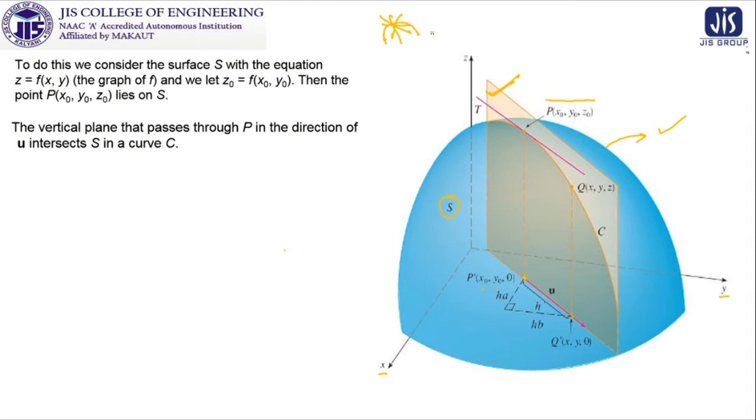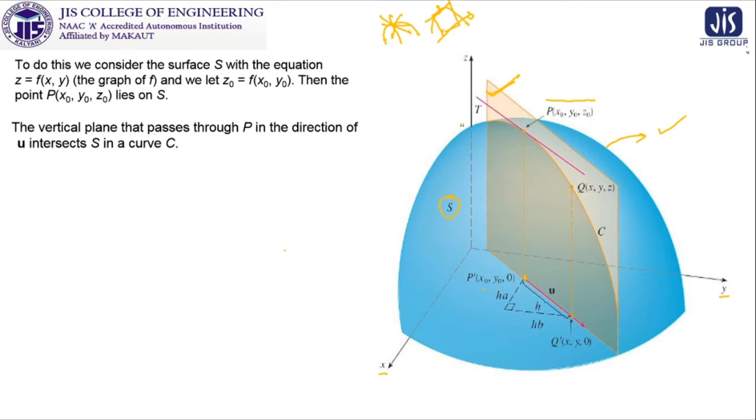But if you have a surface, a fixed direction, and a point, then you can achieve only one unique plane. So this vertical plane passes through P in the direction of U. This is the direction, and this is our plane, and it has one common requirement: it must pass through P. Clear? Okay.